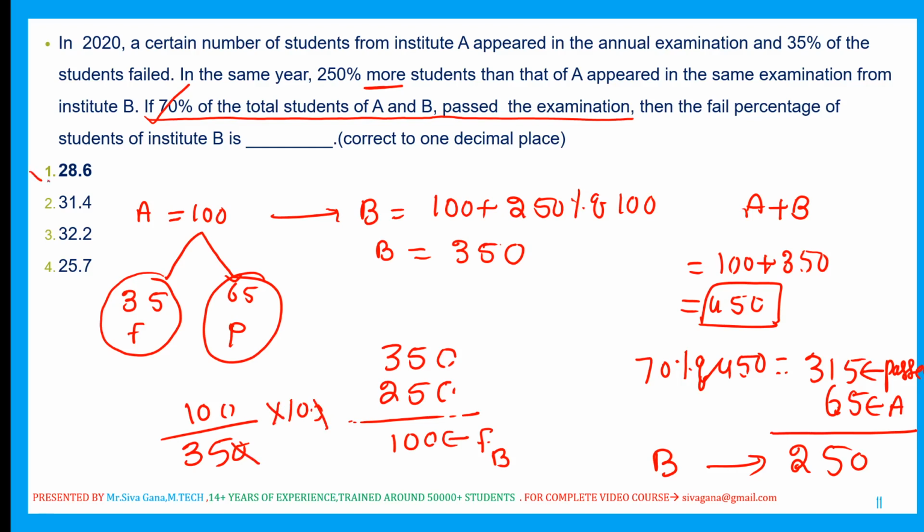Using the on-screen calculator I got 28.6. So 28.6% of the students from Institute B failed.